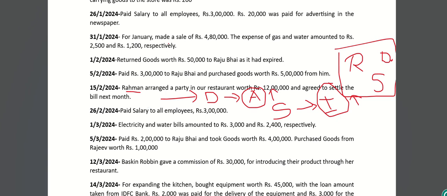Now let's see how we will write this as a journal entry. You know the date is 15 February 2024. Now we know the asset named Rahman has increased. An asset increase will be given a debit. So Rahman account is debited.